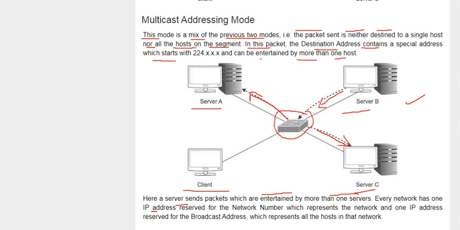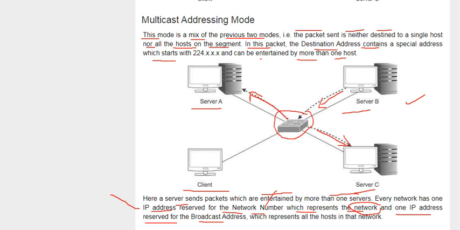So every network has one IP address reserved for the network number, which represents the network, and one IP address reserved for the broadcast address. Because there are many networks in the internet, they get connected.